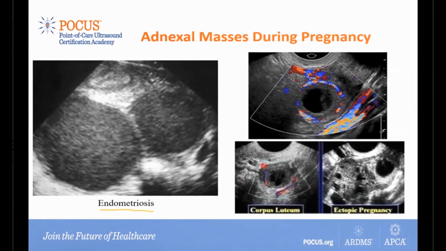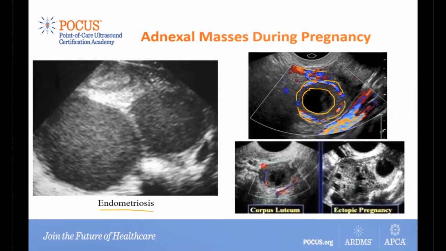And on the top right, we actually have a classical cystic structure right here. I'm going to draw on it, and on color Doppler you see a ring of fire. You can see this ring here, that is classical. That means there's increased vascularity over here.